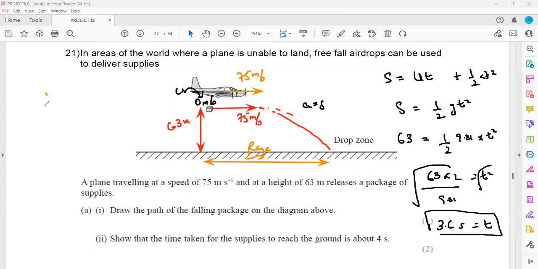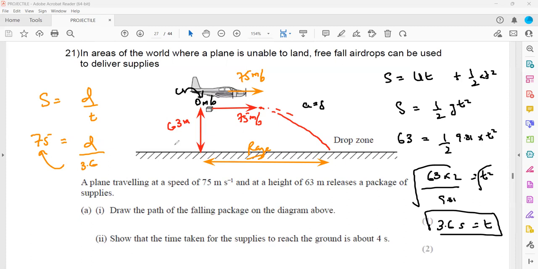How to calculate the range? We have the formula: speed is distance divided by time. Speed is 75, distance we don't know, and the time we calculated, the package will take 3.6 seconds to hit the ground. 3.6 is divided, on the other side it will be multiplied. So when 3.6 is multiplied by 75, that is equal to 270 meters.